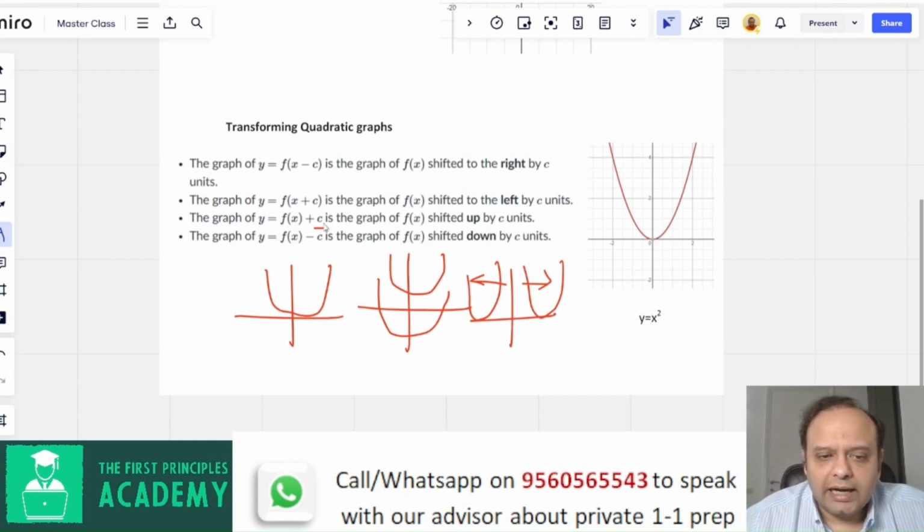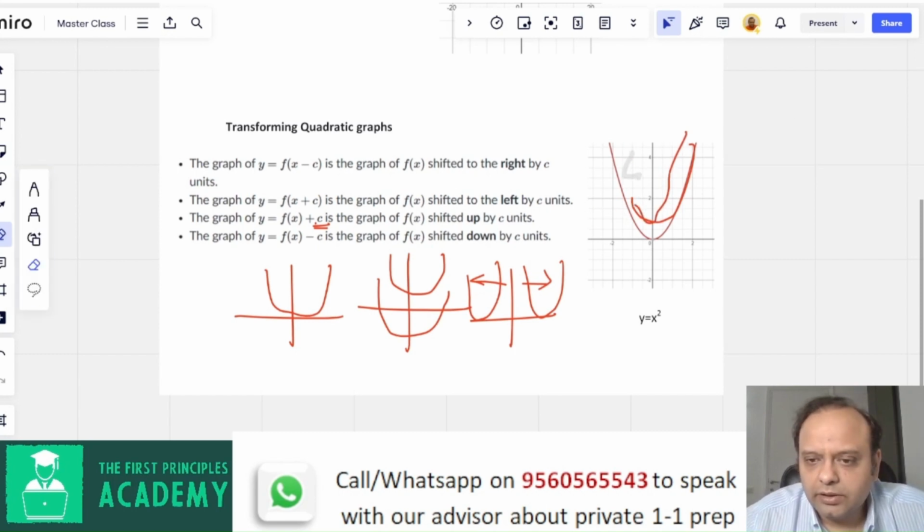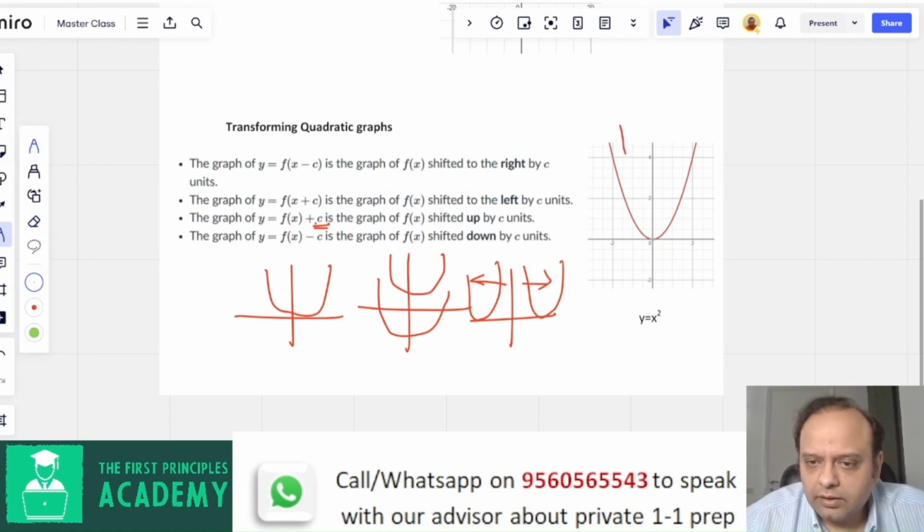If you just add some constant like +1, it basically means for every value of y, I'm going +1, so everything moves up by 1.